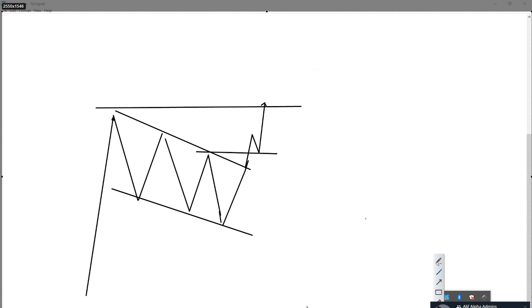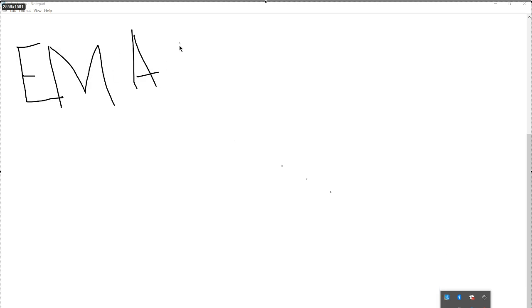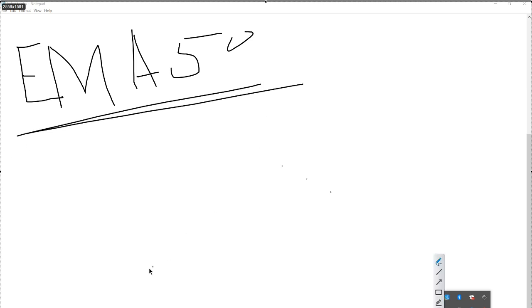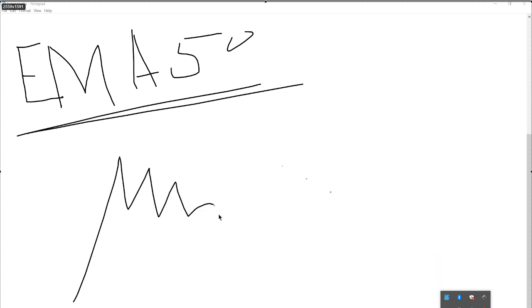We need another confirmation. That confirmation is going to be an exponential moving average. We'll pull it onto our charts to confirm the breakouts. Impulse wave, correction. Now it's trying to break out.